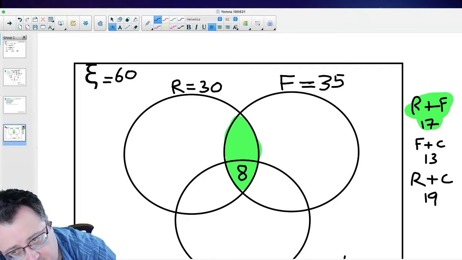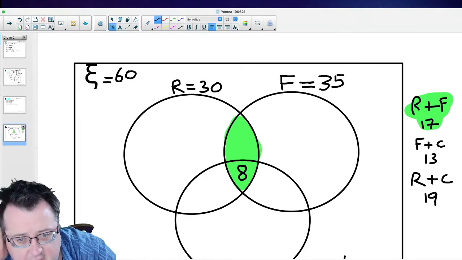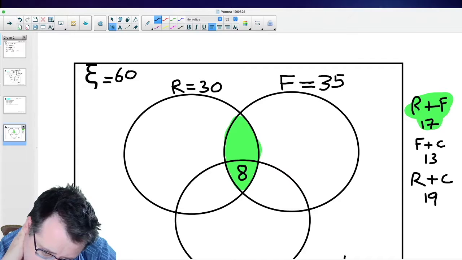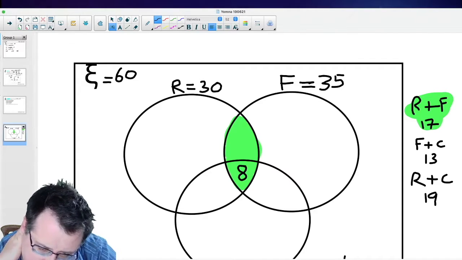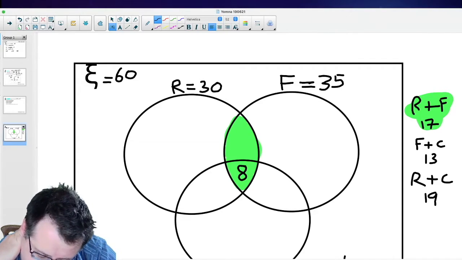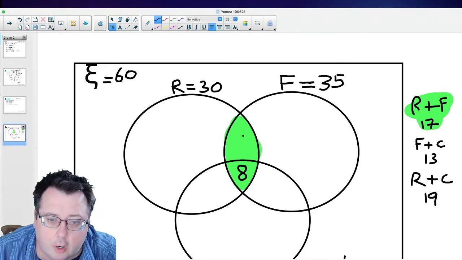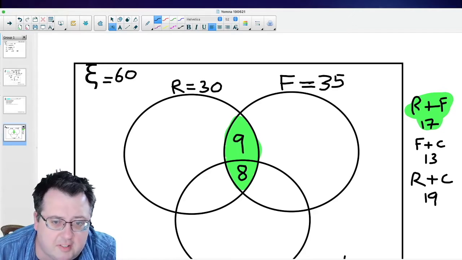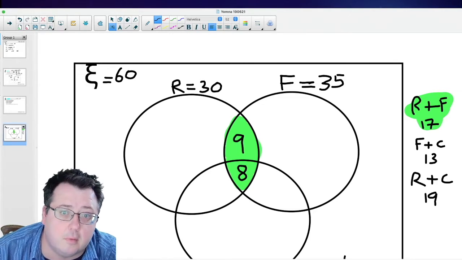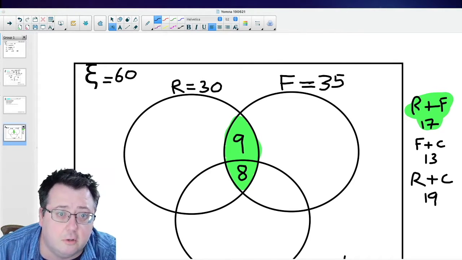So the total in the ellipse will be 17. We've already got 8 in there. What's the other bit going to be? 9. That's what I was looking for. Why? Because 9 plus 8 will make 17. Is that okay?